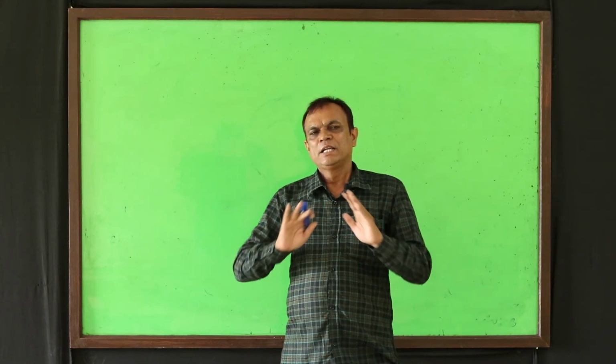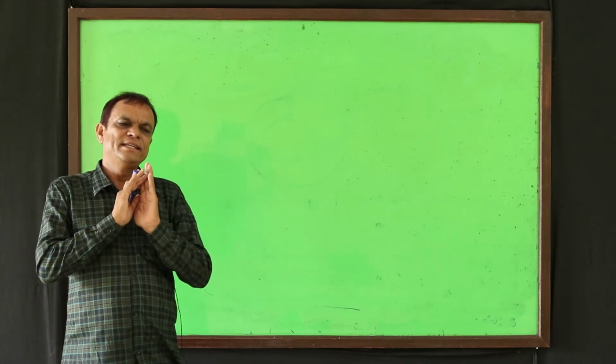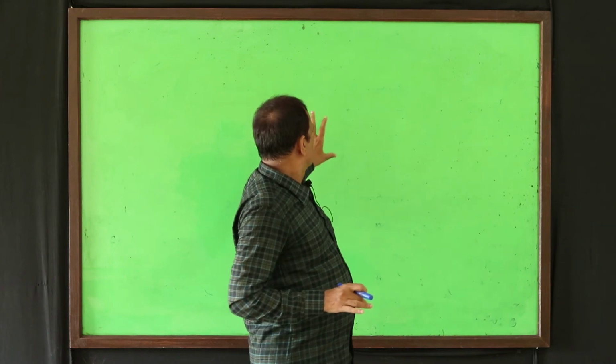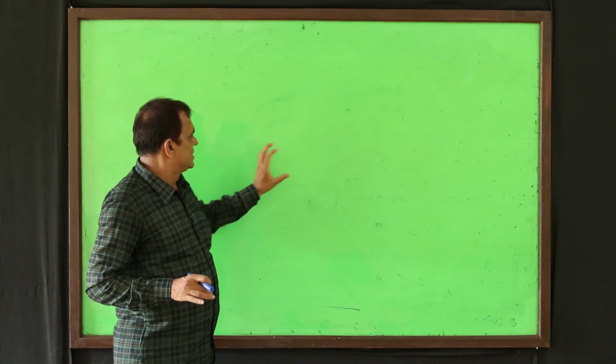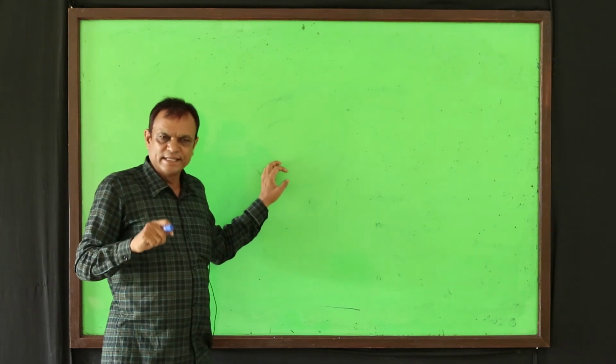I hope that you all understood this chapter very well. Now you can easily get good marks, and the topics which I have taught here help you in higher education. Thank you. Namaste.